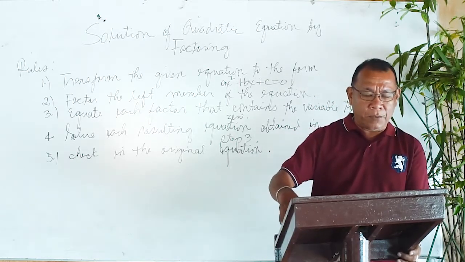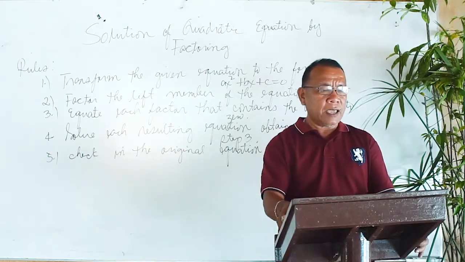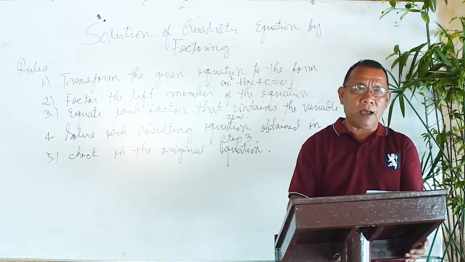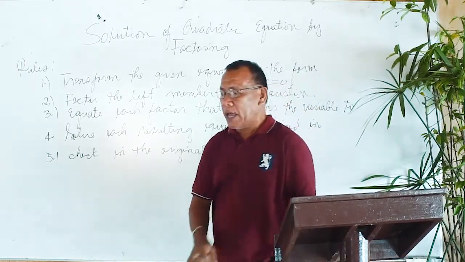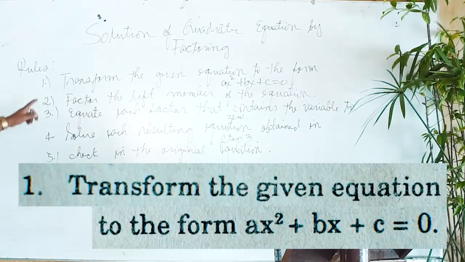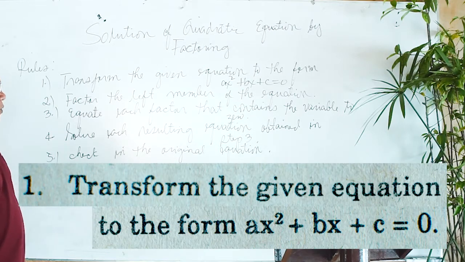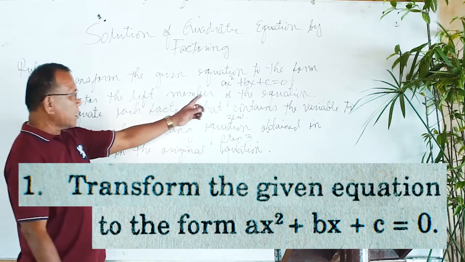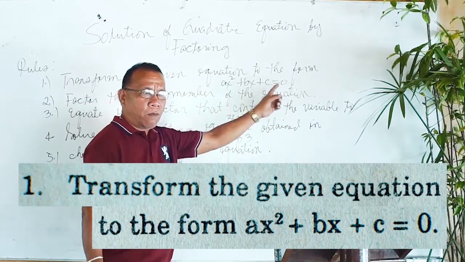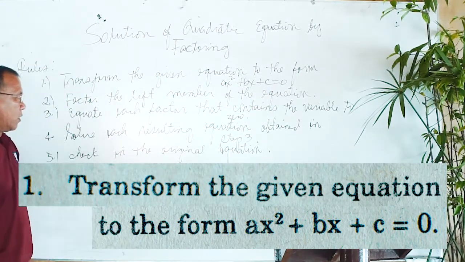So here are the rules to be followed in solving quadratic equation by factoring. Rule number 1, transform the given equation to the form ax squared plus bx plus c is equal to 0. This is the standard form of quadratic equation.